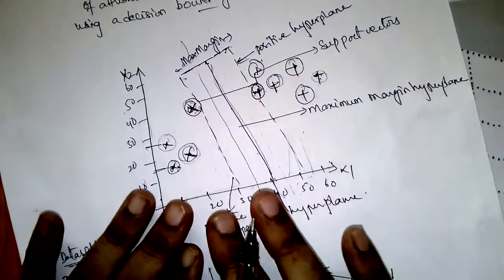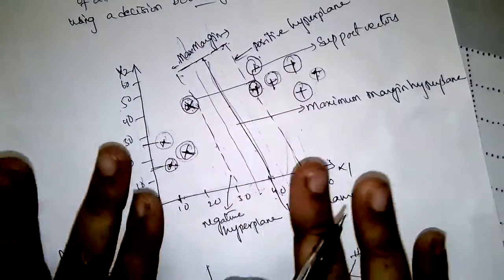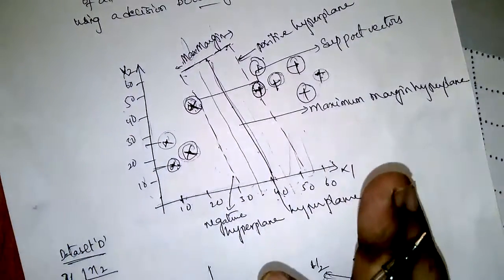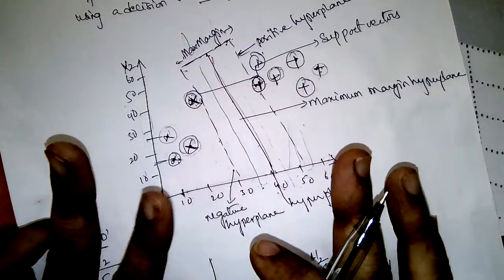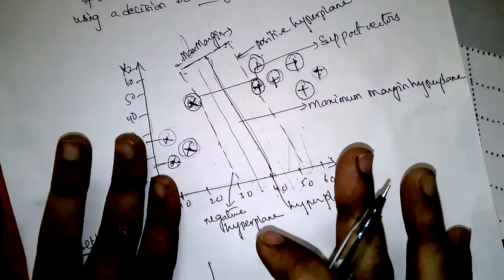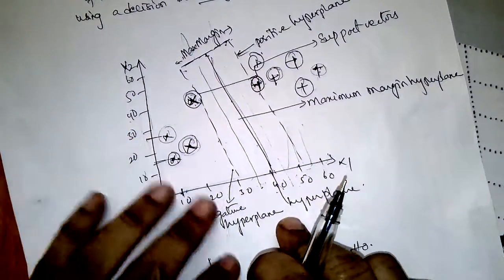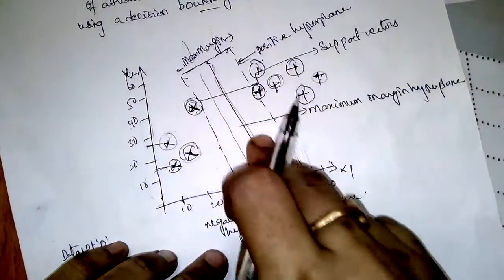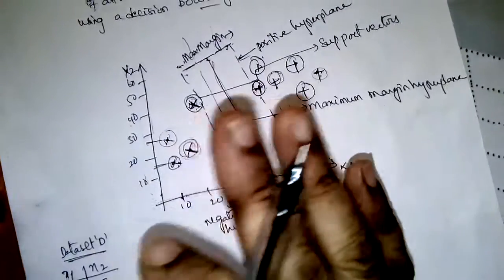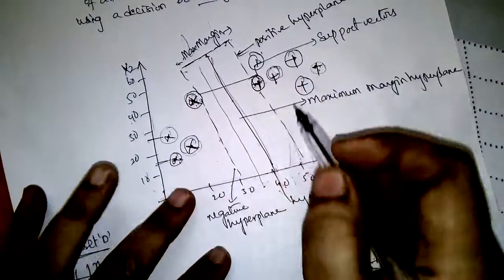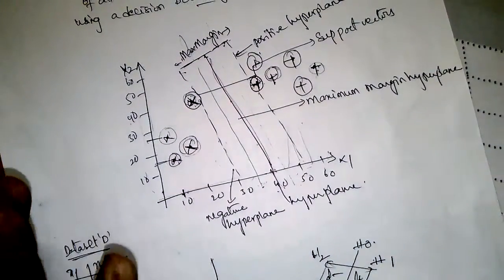Now to make a decision to separate data into different classes, we use two important terms, hyperplane and support vectors. What is a hyperplane? A hyperplane is a separating line which is used to separate data in n-dimensional space.